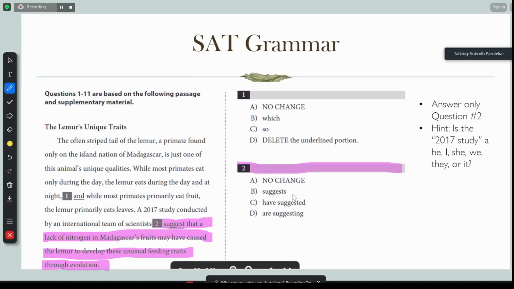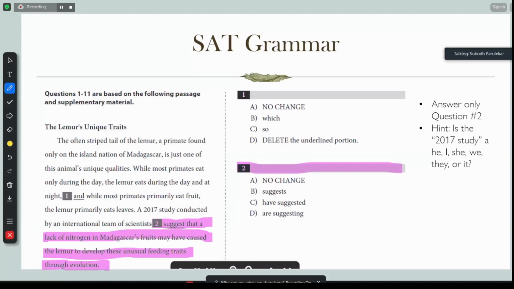We have A, which is no change. That is just removing the to. From to suggest, we just have suggest. That is what we already have. Then we have B, which is suggest with an S at the end. And then we have suggested, which is in the past. But right now we're talking about the present, because it's still suggesting.